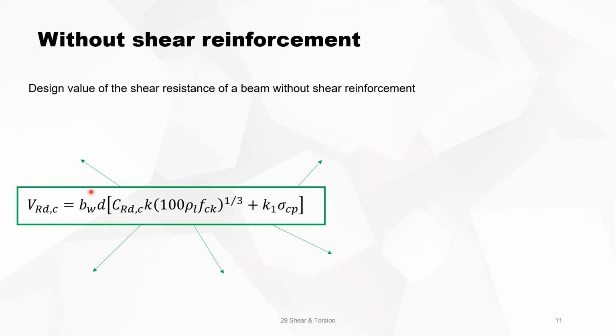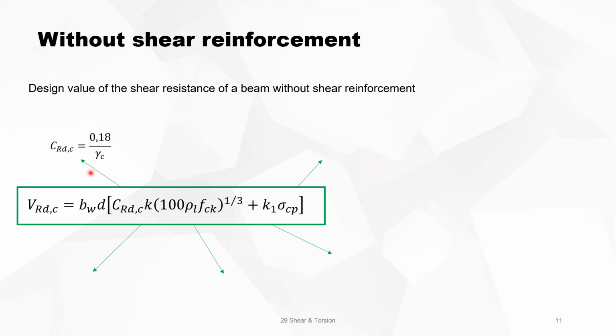It is of course the cross section BW times D. BW is in fact the width of the section, but it's the smallest width of a section. If the width of the section is varying along the vertical axis, then BW is the smallest. It's BW multiplied by the shear stress, which is here between big brackets.